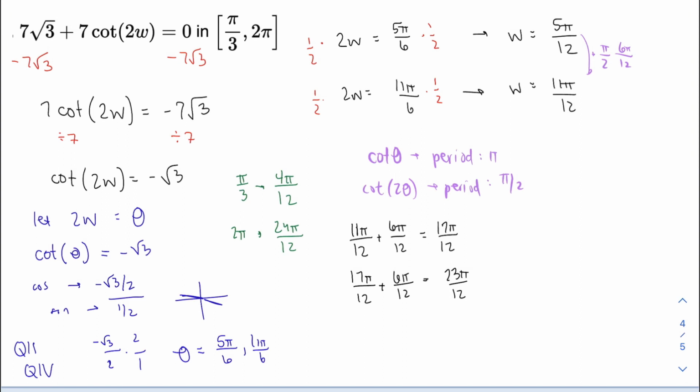So that's going to be the last one on the interval for us. So our solutions are that w equals 5 pi over 12, 11 pi over 12, 17 pi over 12, and 23 pi over 12. And that is all I have for this video. Hope it helped.